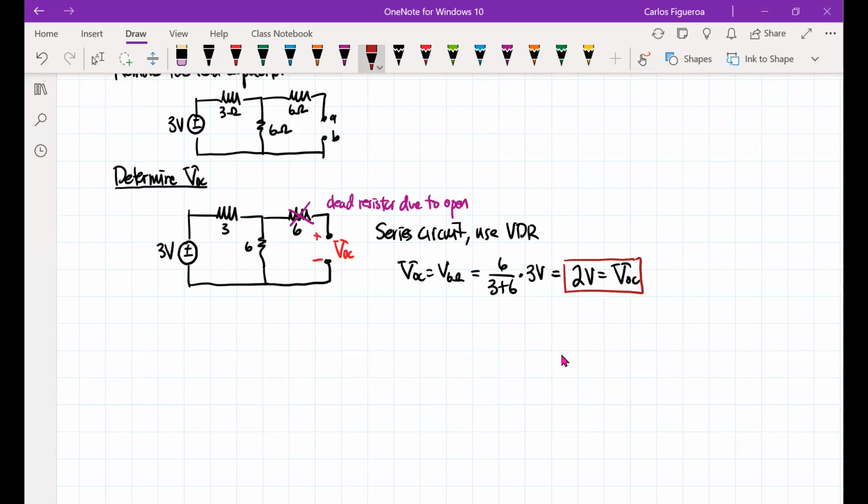Now, at this point, here is an important check. Initially, we determined the capacitor discharged.